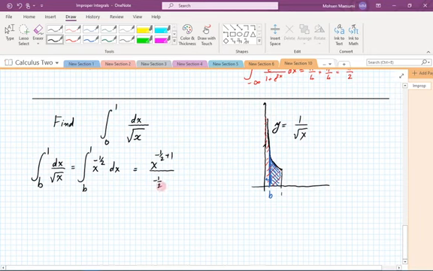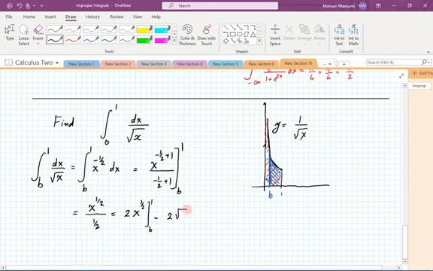Then I have to calculate it from b to 1. So this is x to the power of 1/2, divided by 1/2, and then this becomes 2 times x to the power of 1/2 from b to 1.